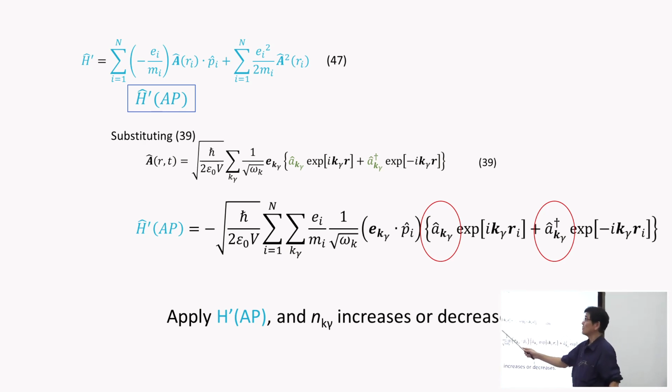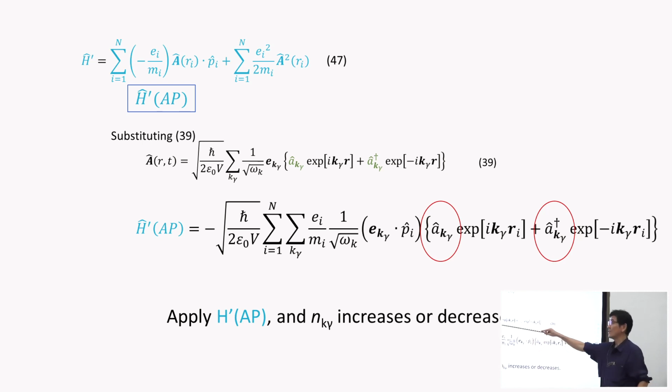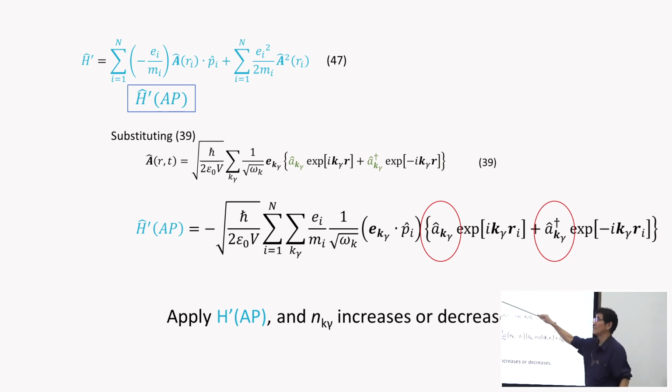So the A·P term contains A and P. P is a momentum operator, A is a vector potential. Already we know the functional form of the vector potential A. So let's substitute this equation into this part.